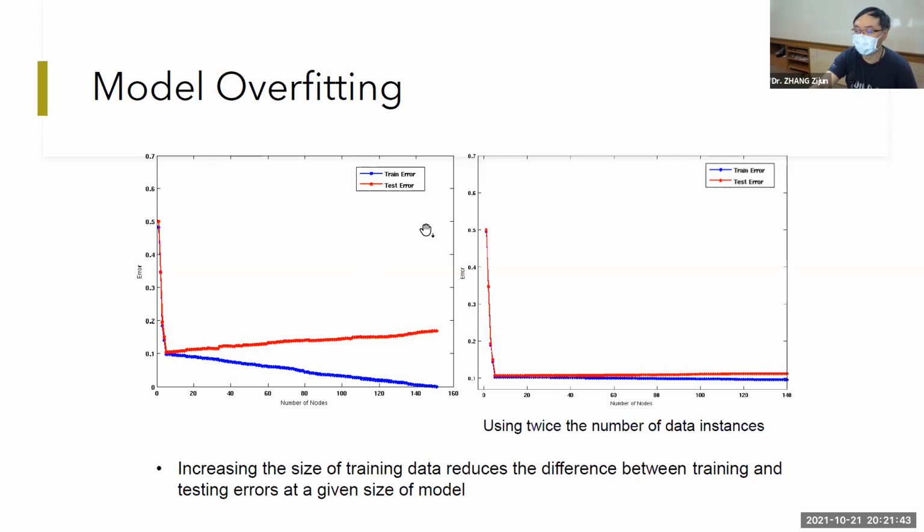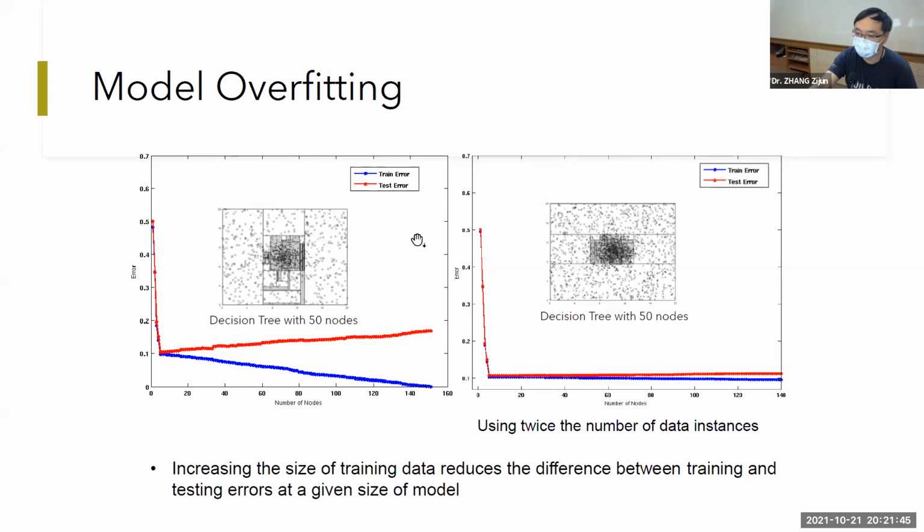Make the model general enough. Okay. So here is an example where we increase the size of training data. This is the original population of data, and giving more, then we'll find out the gap will be reduced. Okay. We'll reduce the difference.